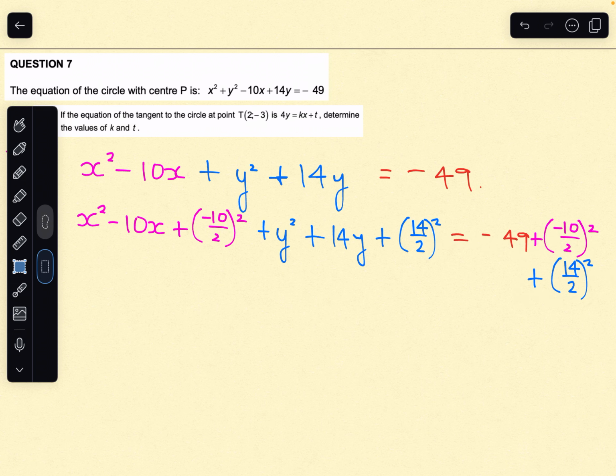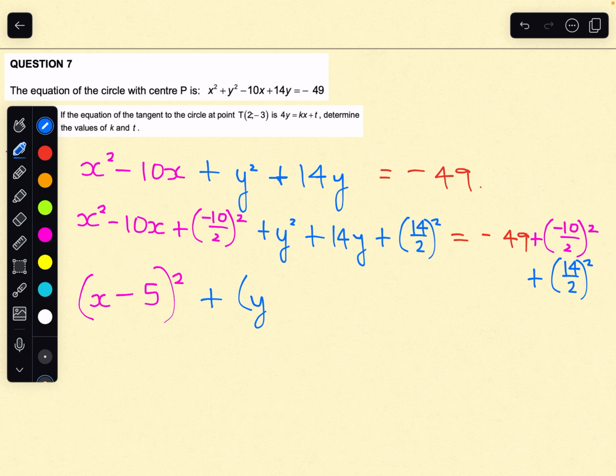Then this factorizes as x minus 5 squared, and the y part factorizes as y plus 14 over 2, which is 7, squared.